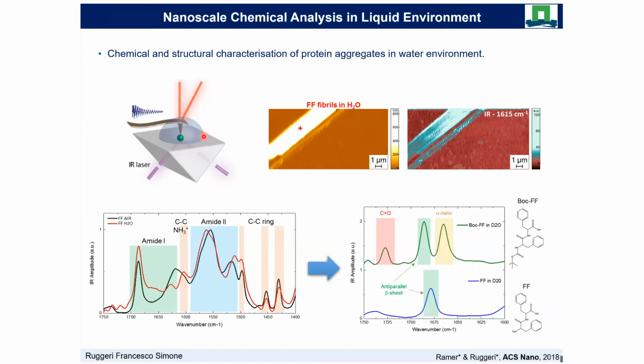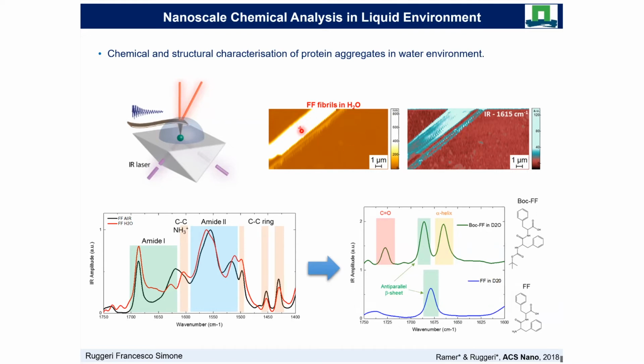And since there is an evanescent wave, the IR absorption of water is curbed. And what we could show is that we could characterize the protein aggregates involved in the onset of Alzheimer's disease with a similar resolution in liquid as in air. And we could successfully collect infrared nanospectroscopy chemical maps of IR absorption.